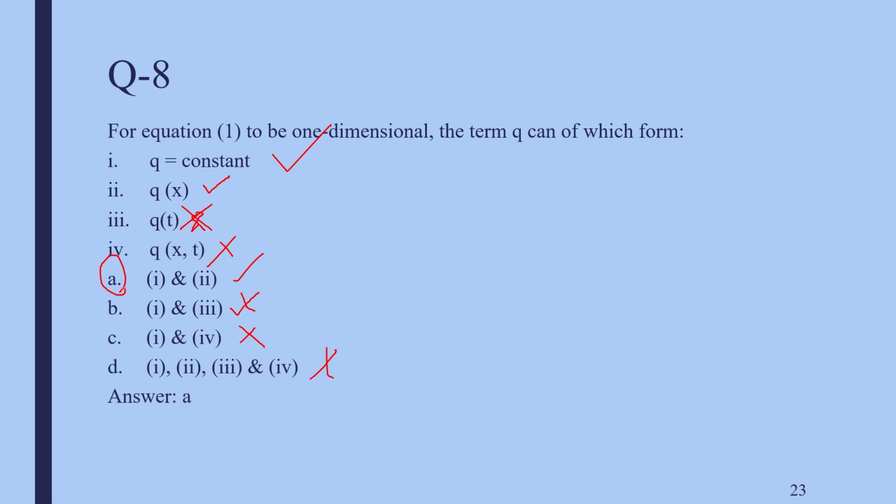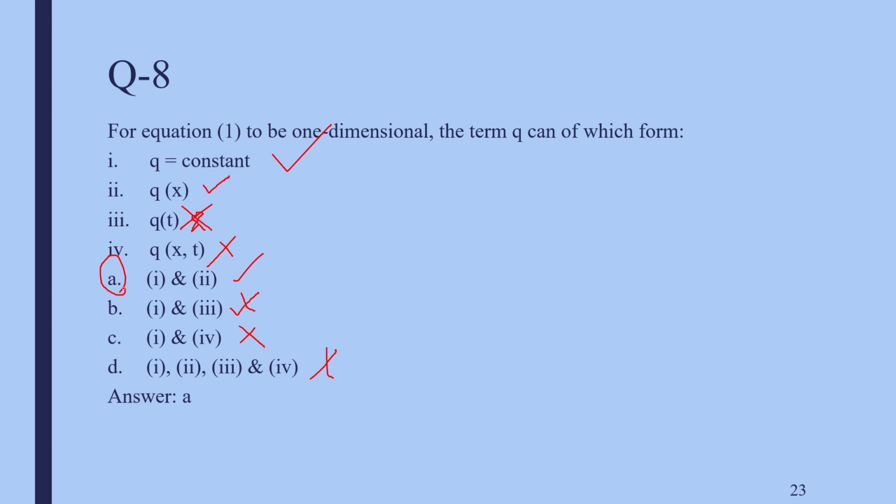So the term Q can be of which form? It can either be constant or a function of x. Since it is a steady state problem, Q is not a function of t, that is time. So option A is the right answer, 1 and 2.